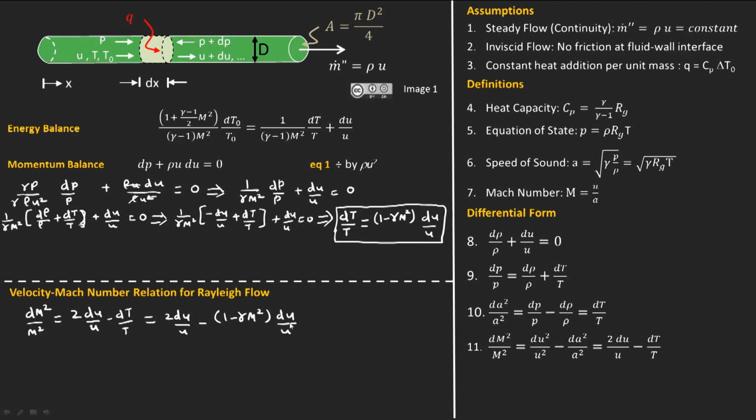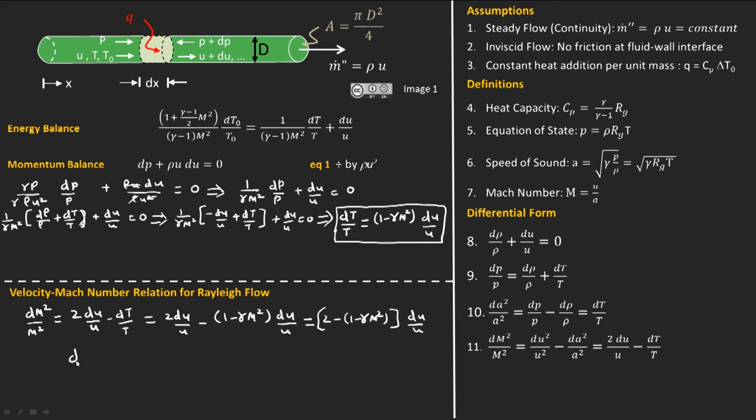Right, so this should be further simplified, of course, and we can write this as equal to, once we pull out the du over u, we'll get a 2 remaining in the first term, minus 1 minus gamma M square, and the whole thing is multiplied by du over u. In the last step, we're going to say, let's simplify this.